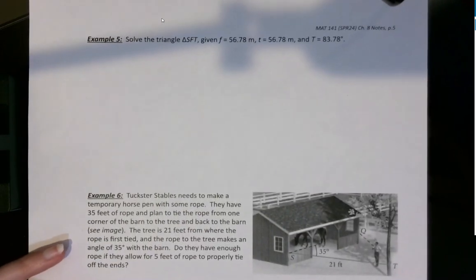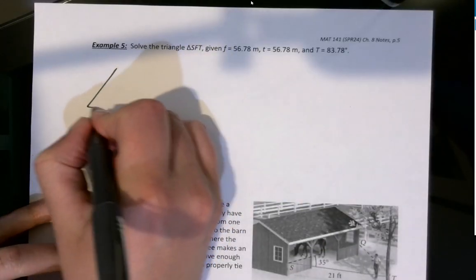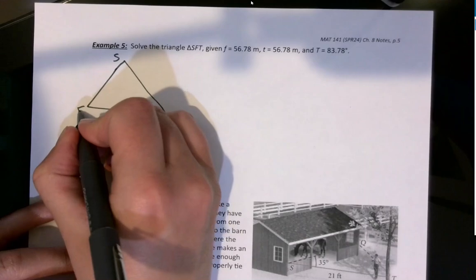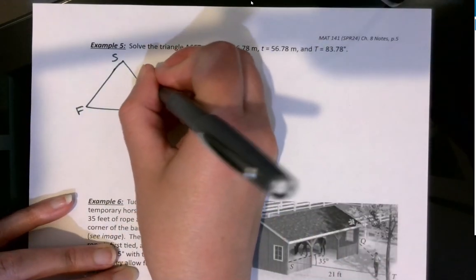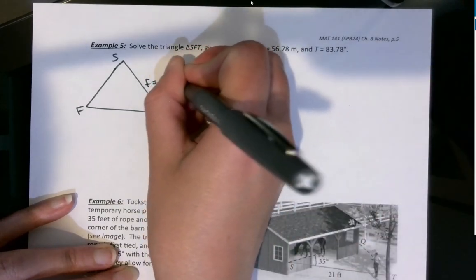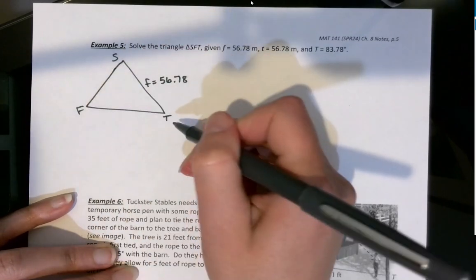We've got another example on the next page. In this triangle, we are given, it's called SFT, and we are given that side F is 56.78 in meters. Again, arbitrary positioning of those.